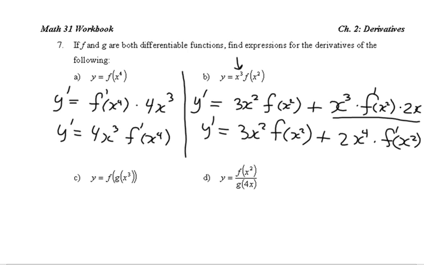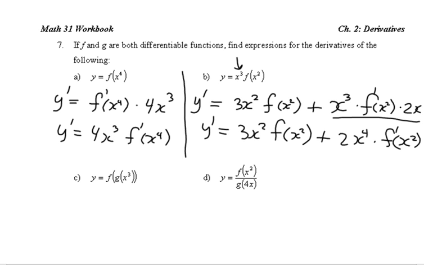You could do some common factoring, but in Math 31, we only do useful common factoring. If we factor something out and it cancels something in the denominator, then yes. But we don't just factor for factor's sake. So we'd leave it just like this. There is no advantage to you to factor out the x squared.